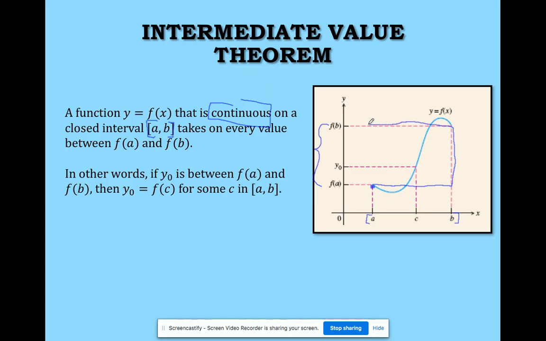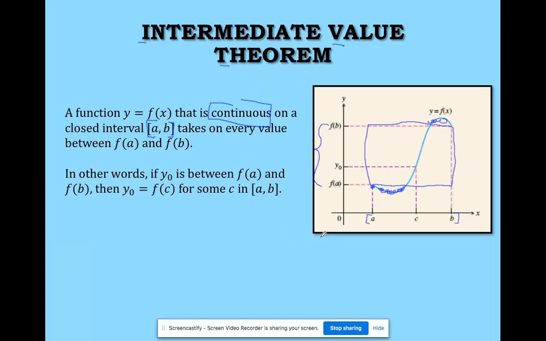But notice that the function that I've drawn takes on some other values under f of A and above f of B. That's not guaranteed by the IVT.